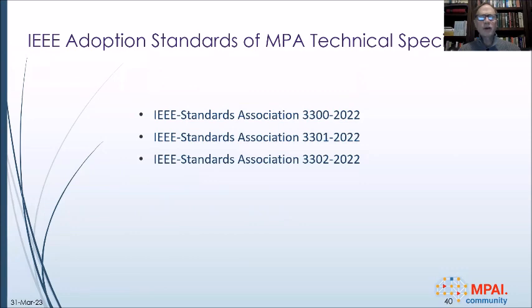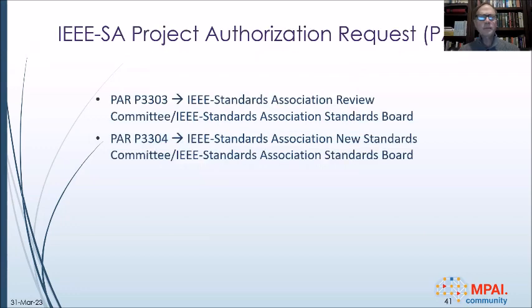As was mentioned earlier, we have successfully submitted 3 MPAI technical specifications that are now IEEE standards, and that is the 3300, the 3301, and the 3302. Next slide, please. We also have 2 other PARs, project authorization requests, that have been submitted and they're in process.